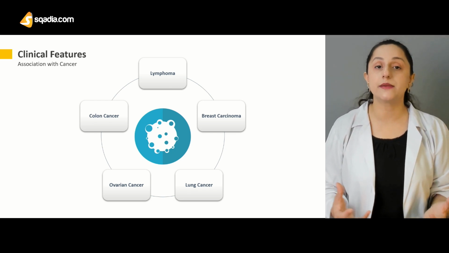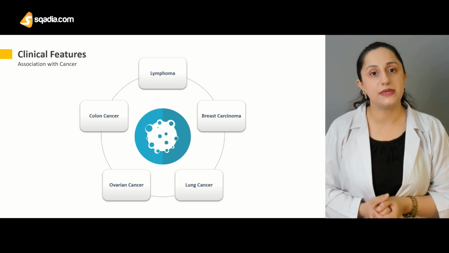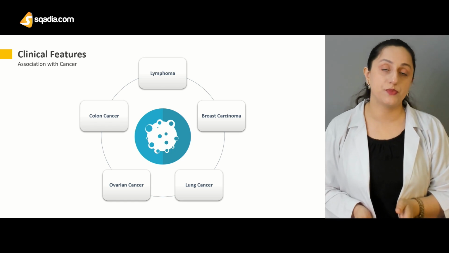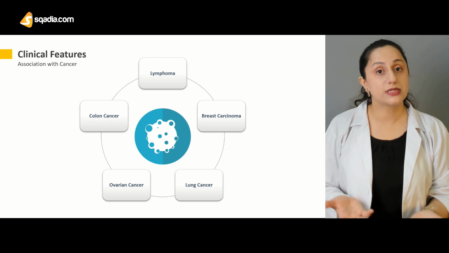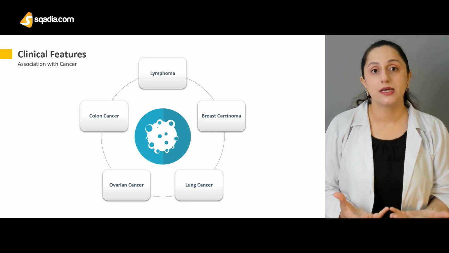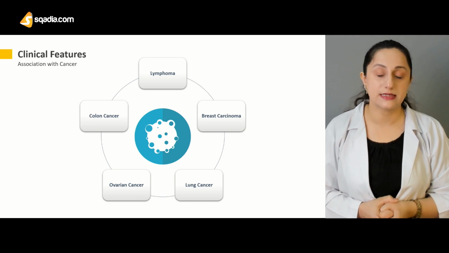For instance, an underlying carcinoma can even be present. So a very thorough investigation has to be carried out whenever patients present to you and you're suspecting a case of dermatomyositis, and you have to rule out the cancerous conditions as well.